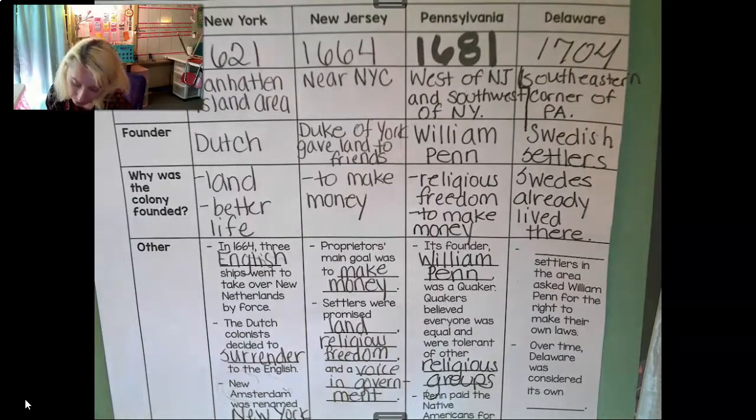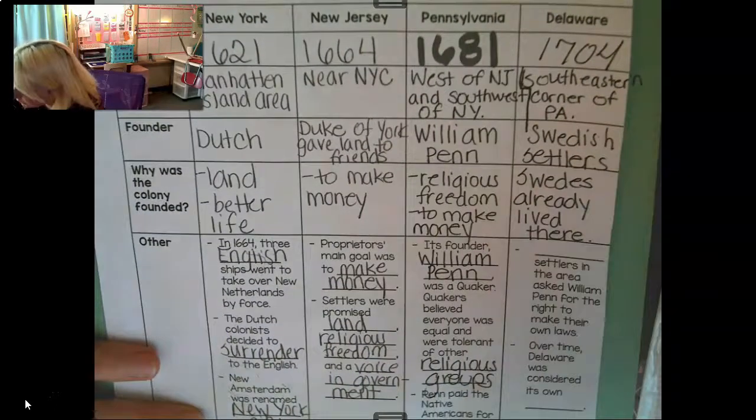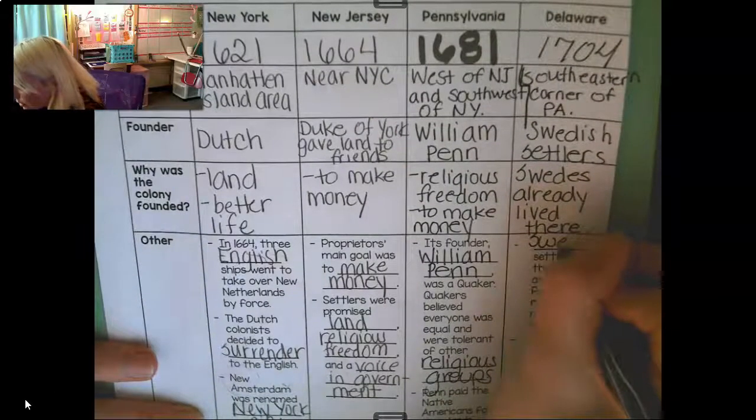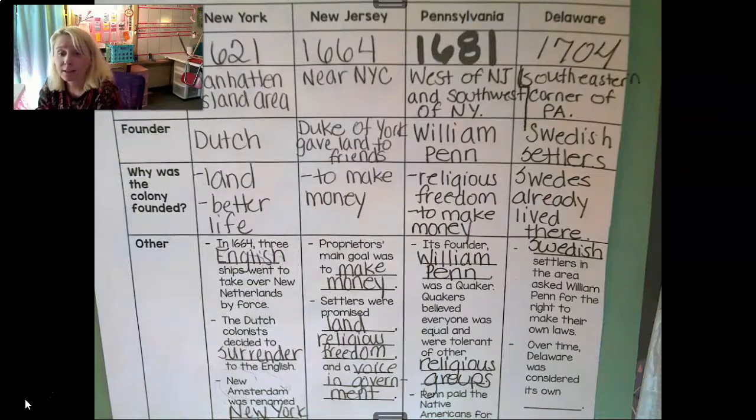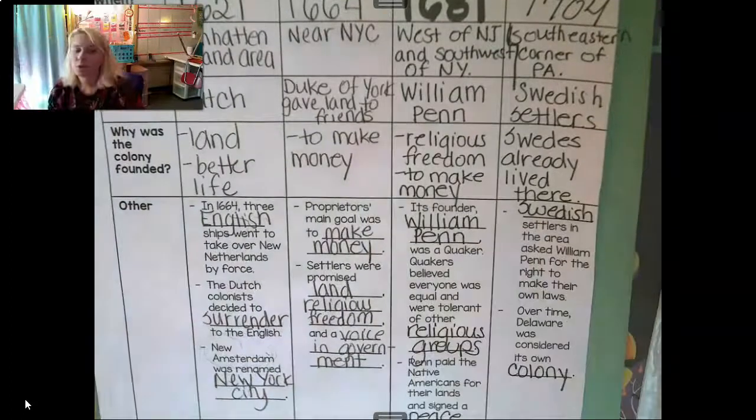So we could fill that in here, Swedish settlers asked William Penn for the right to make their own laws, which he gave them. And over time, Delaware was considered its own colony, distinct from Pennsylvania. So Delaware sort of emerged, came out of Pennsylvania.